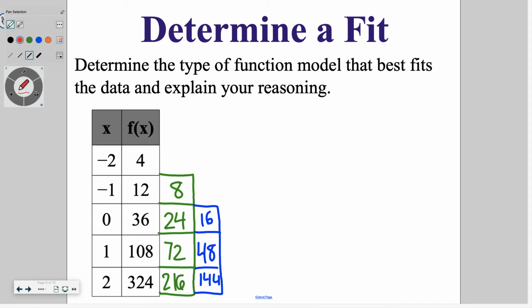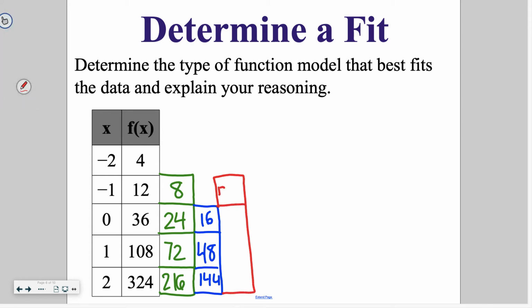So the last thing I'm going to check then is my y ratios. 12 divided by 4 gives me 3. For the next one, 36 divided by 12 also gives me 3.